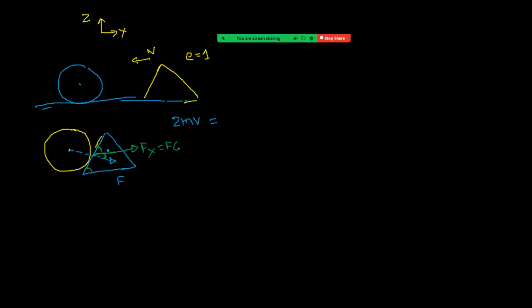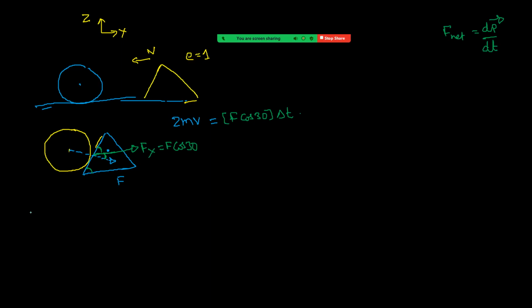This is F cos 30. Then change in momentum along the x-axis is equal to F cos 30 into delta t. Net force is equal to dp by dt, so net force into dt, the time interval, gives a change in momentum. So from this we are going to get the F value.